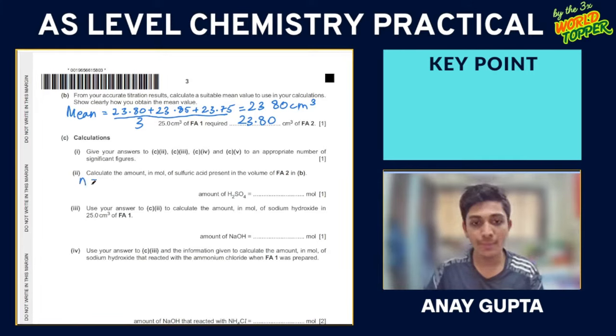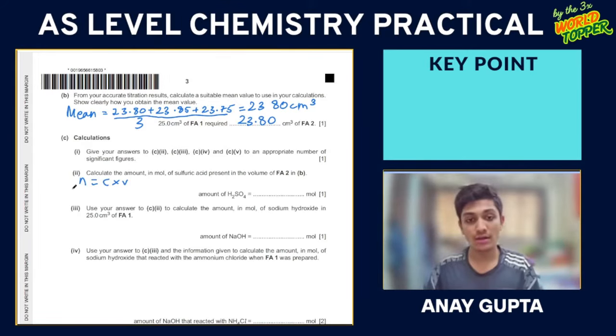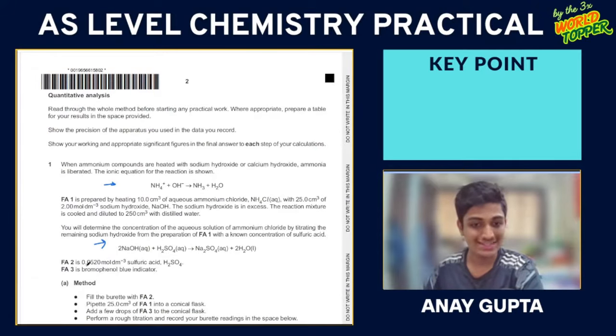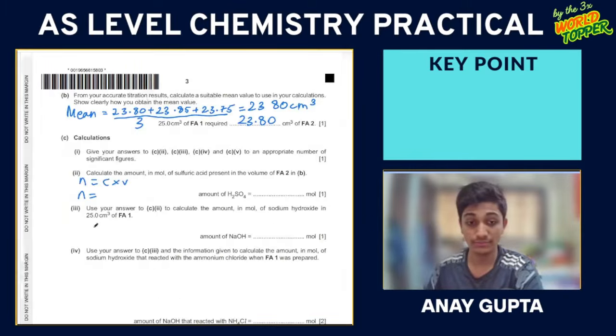Now we will use the formula n equals c times v. n is the number of moles, c is the concentration, v is the volume. So n is equal to the concentration of sulfuric acid, which has been given as 0.0520, and the volume has been calculated over here, so 23.80.